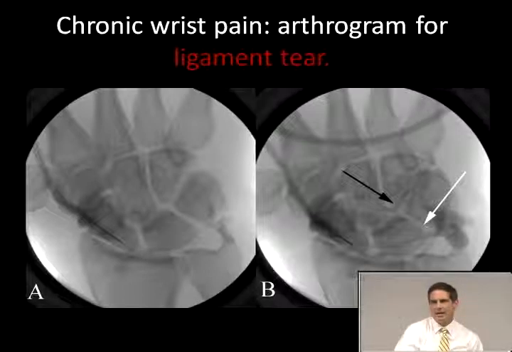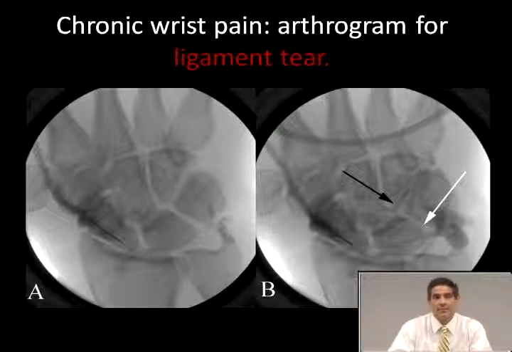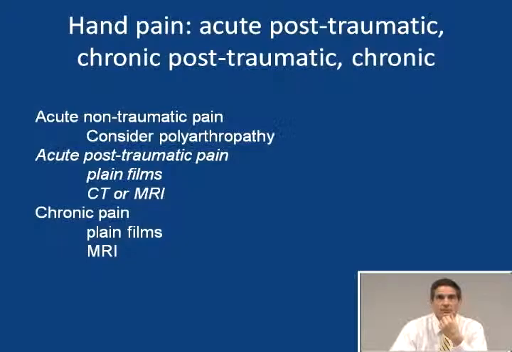In a later picture taken on the right, you see the black arrow with contrast in the midcarpal compartment, which is abnormal. A white arrow showing you how that contrast got there, which was through a torn lunotriquetral interosseous ligament. Again, those ligaments may not be watertight in 50 to 60-year-old patients, even if they're asymptomatic. So you have to interpret that finding with caution.